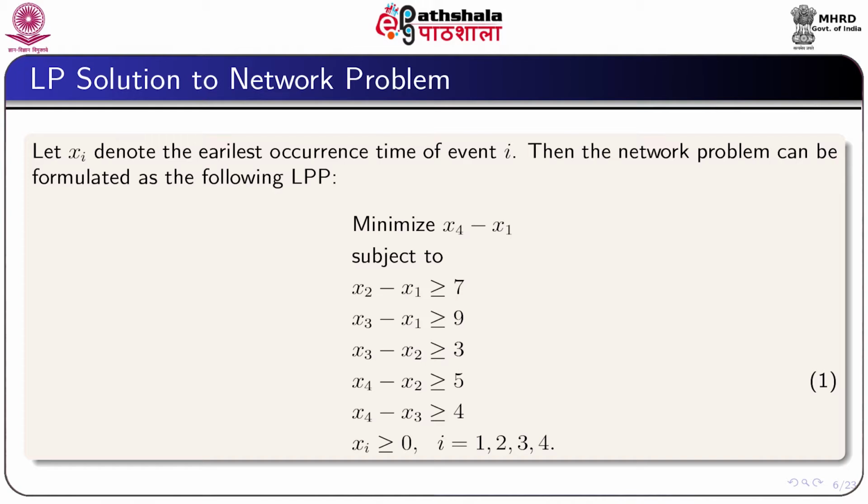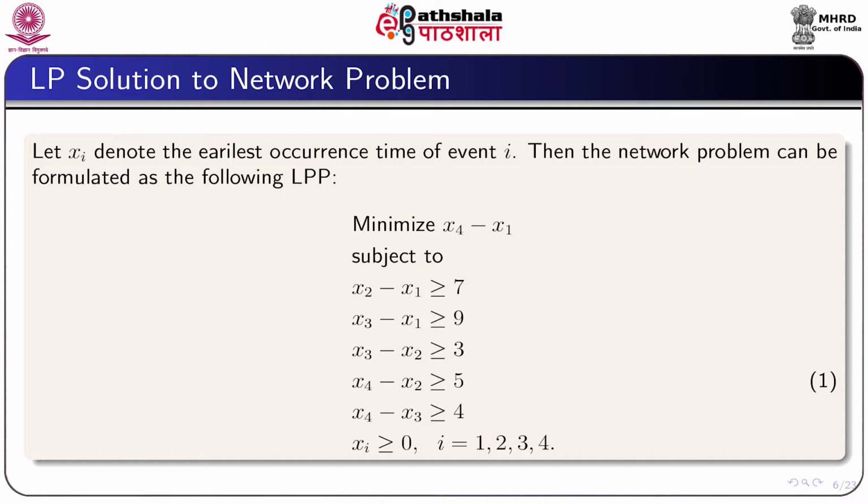To formulate this network problem as an LPP, we denote xi as the earliest occurrence time of event i. Then the network problem can be formulated as the following LPP.